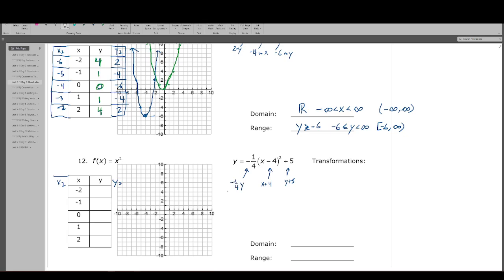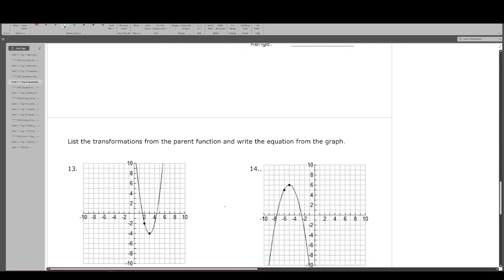And funny enough, as much as I emphasized in the last video that the negative and the 1/4 are separate transformations, if we're applying it to coordinates, we do apply it together because they both are multiplying by the y value. So we'll finish this notes here.